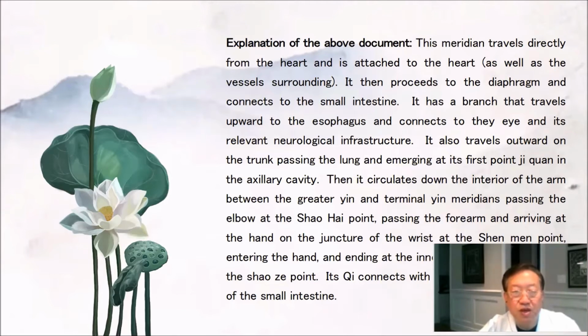Then it circulates down the interior of the arm between the greater yin and terminal yin meridians, passing the elbow at the Shaohai point, passing the forearm and arriving at the hand at the juncture of the wrist, at the Shenmen point, entering the hand and ending at the inner tip of the little finger at the Shaochong point. Its qi connects with the greater yang meridian of the small intestine.